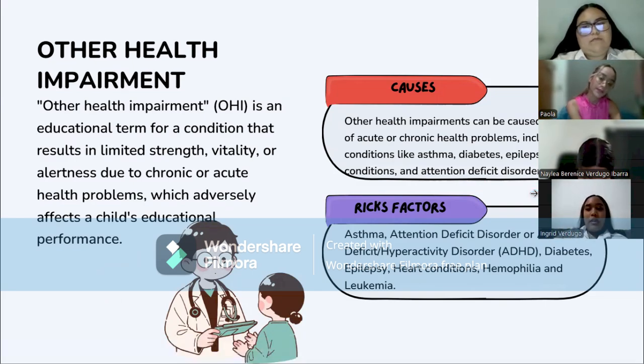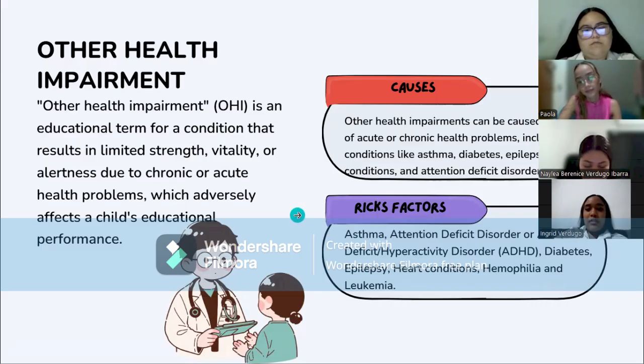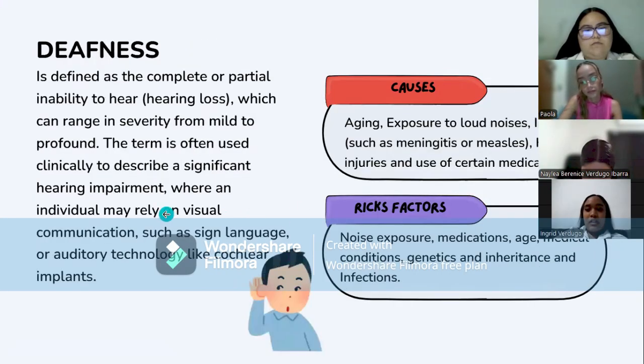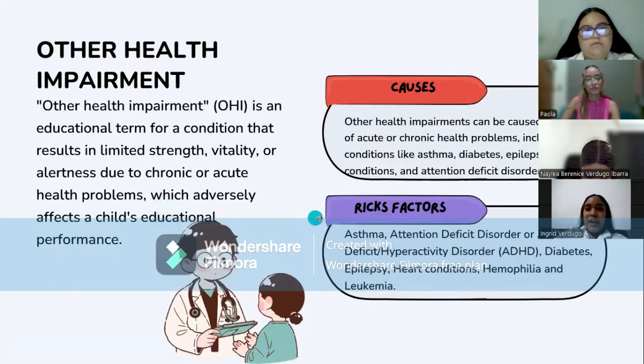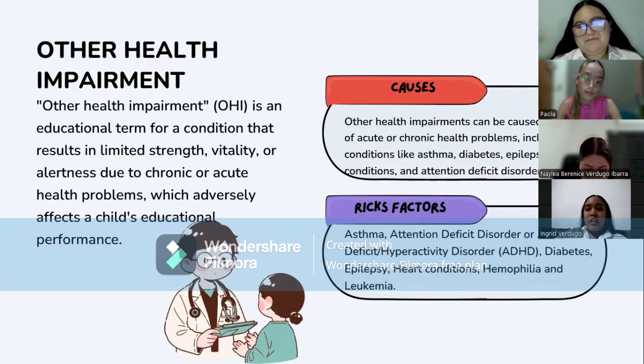Causes: other health impairments can be caused by severe acute or chronic health problems, including conditions like asthma, diabetes, epilepsy, heart conditions, and attention deficit disorders. Risk factors: asthma, attention deficit disorder or attention deficit hyperactivity disorder, diabetes, epilepsy, heart conditions, hemophilia, and leukemia.